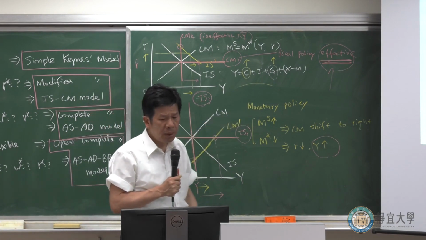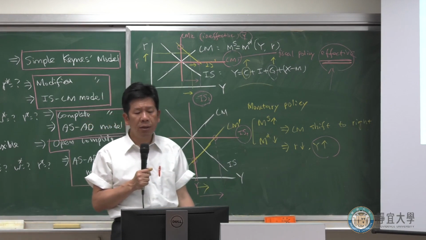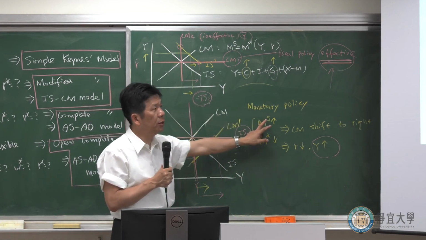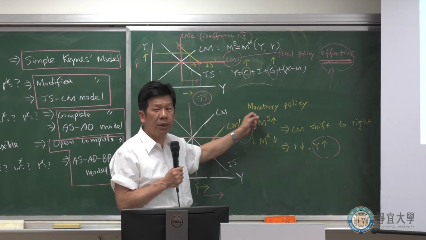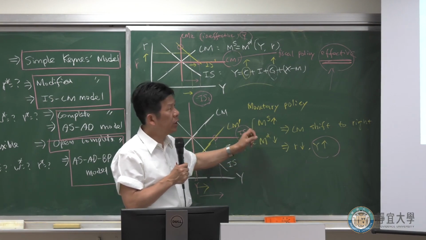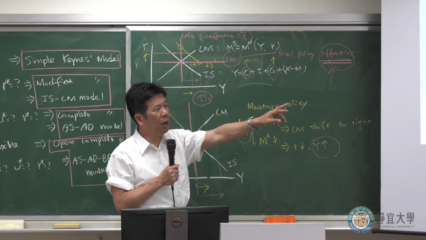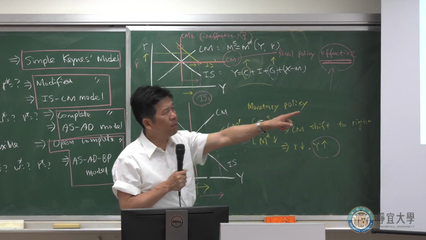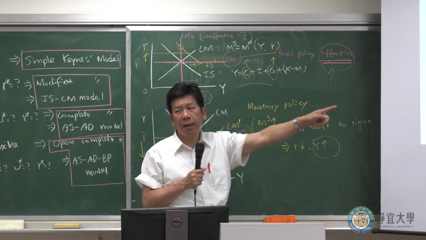Sometimes if we use expansionary policy, where we let money supply increase or money demand decrease, we call this expansionary monetary policy, and the LM curve will shift to the right hand side.